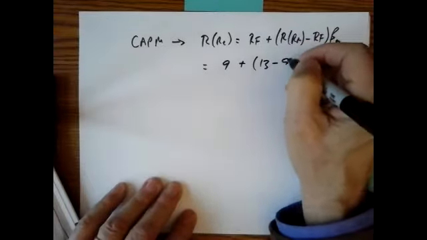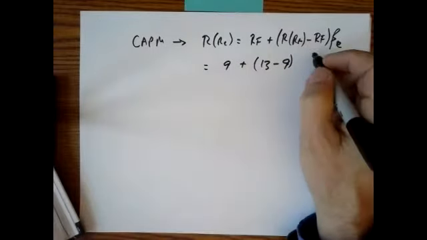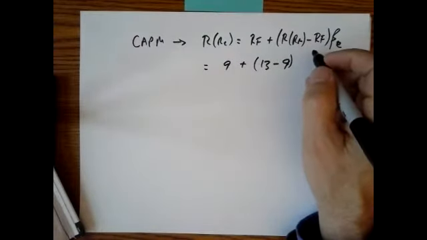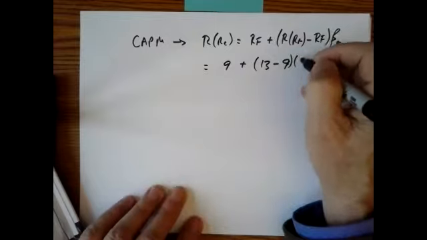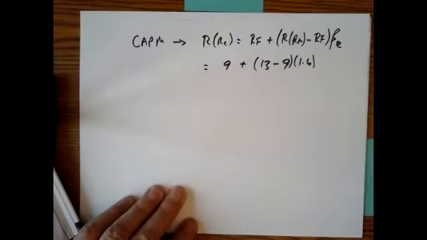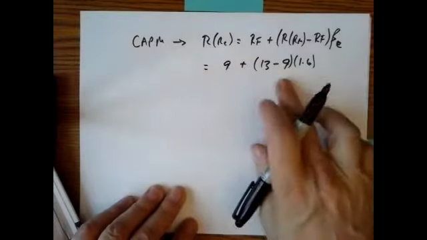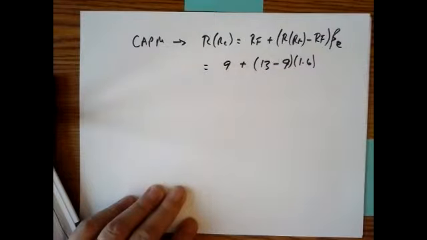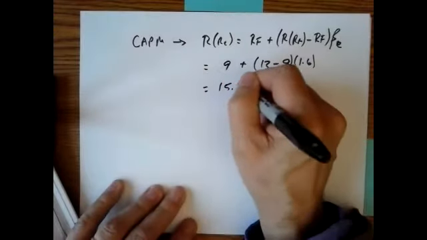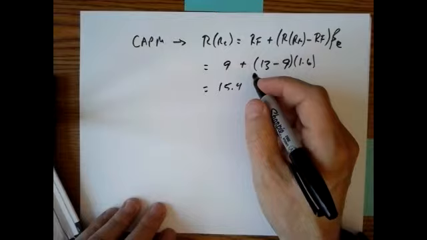So 13 minus 9 times the beta, and they give us the beta coefficient of 1.6. 13 minus 9 is 4, times 1.6 gives us 6.4, plus 9 gives us 15.4.